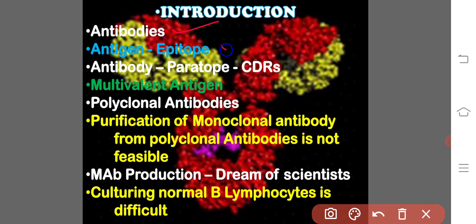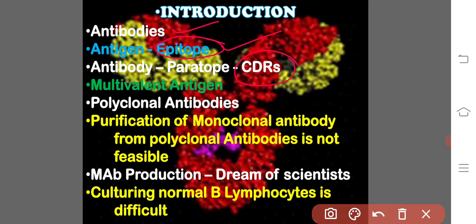Each antigen has a specific antigenic determinant site on its surface, which is known as the epitope. The antibodies have complementary determining regions, CDRs, which are mainly responsible for the antibody specificity.